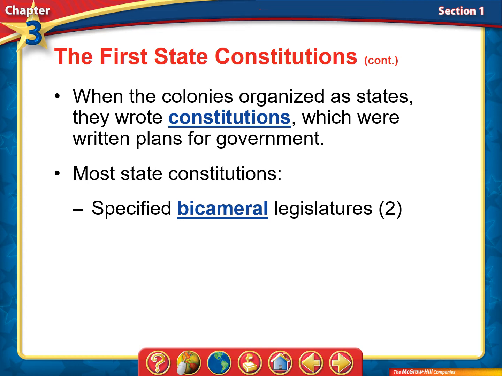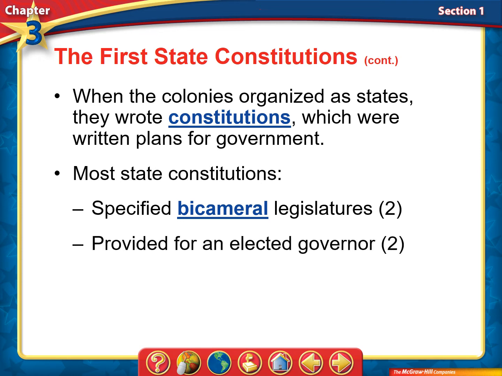It's important to note that while Tom Tillis represents half the state, he and one other individual, each state has two votes, regardless of the state's size and population. But in regards to the House of Representatives, it goes by population. We'll talk about that more later. But all of the states' constitutions provided for a governor elected by the people of the state and judges and courts.